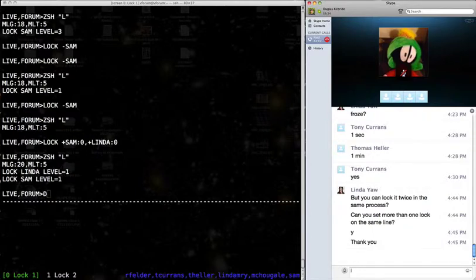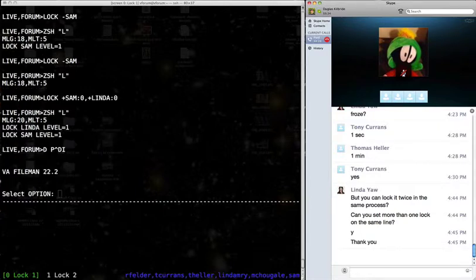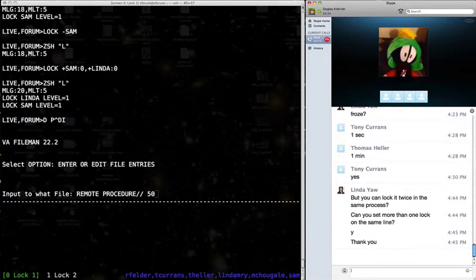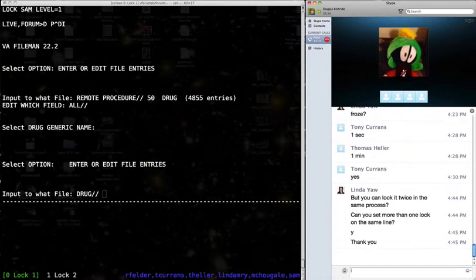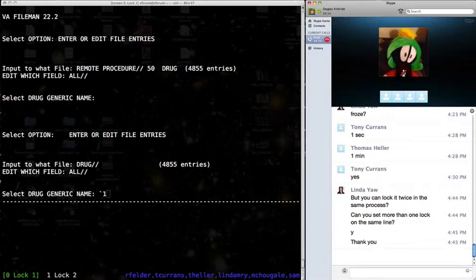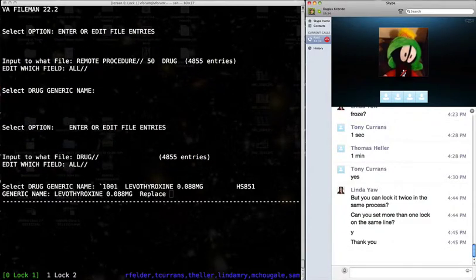Speaking of FileMan, let's do this. All right. So I'm going to show you examples of locks. All right, good. So I just tried to edit drug 1001.